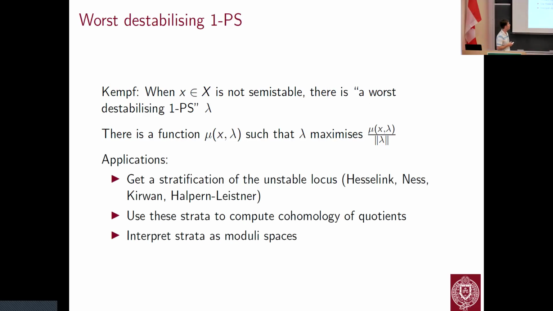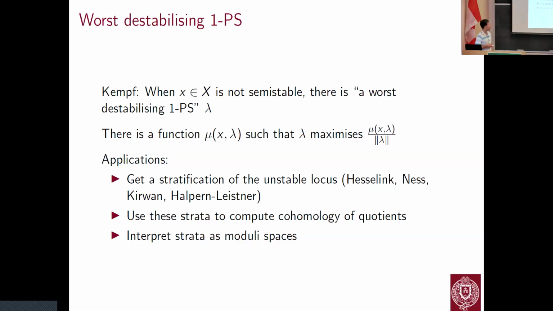Now I want to quickly mention a few applications, nothing that we can get to today for this particular project, but some of the things we have in mind for the future. You can use the worst one-parameter subgroup to get a stratification of the unstable locus, and this goes back to work of Hesselink and Ness with applications by Kirwan to computing cohomology of quotients, and then also in Daniel Halpern-Leistner's newer theory of beyond GIT, these ideas become important again.